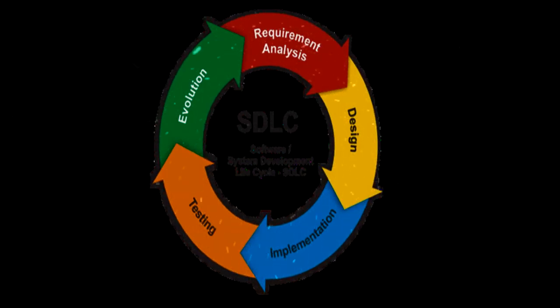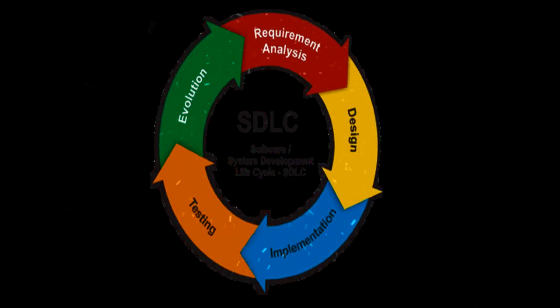The product may first be released in a limited segment and tested in the real business environment, UAT, user acceptance testing. Then, based on the feedback, the product may be released as it is or with suggested enhancements in the targeting market segment. After the product is released in the market, its maintenance is done for the existing customer base.